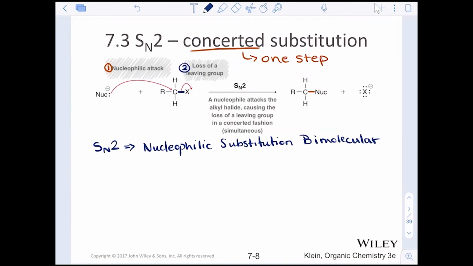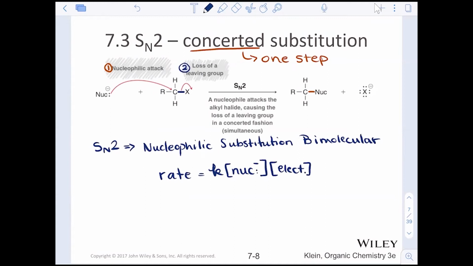The rate determining step, the slow step, the only step here, this is concerted, is dependent on both the nucleophile and the electrophile. I'm going to abbreviate that nuke and elect.